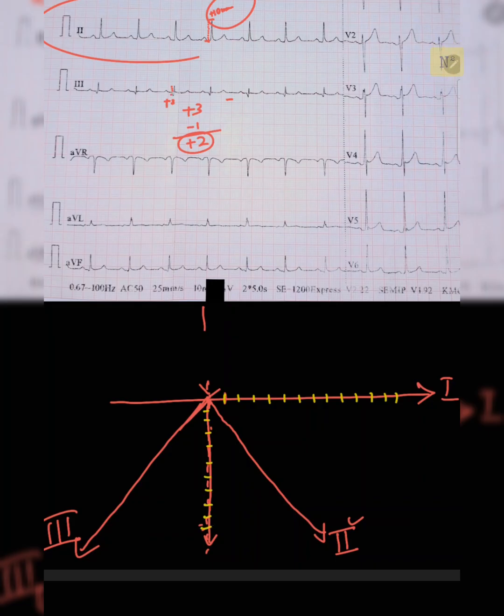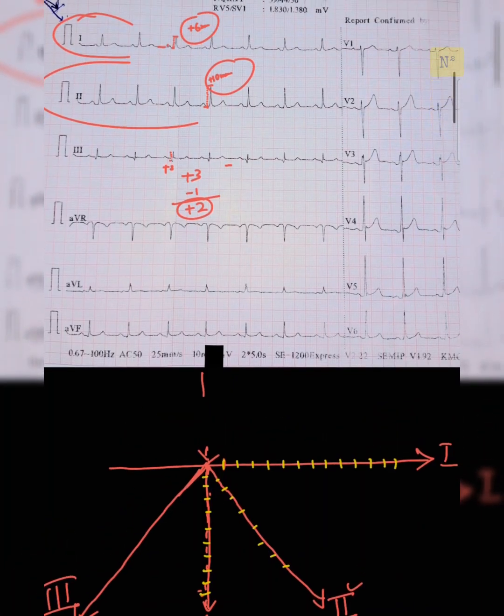So individually on all the axes we will get some markings. Now supposedly I'm getting the mean QRS complex in the lead 1 as plus 6.